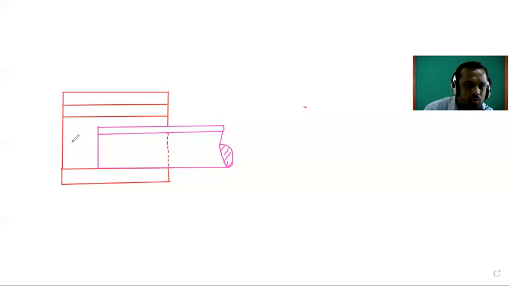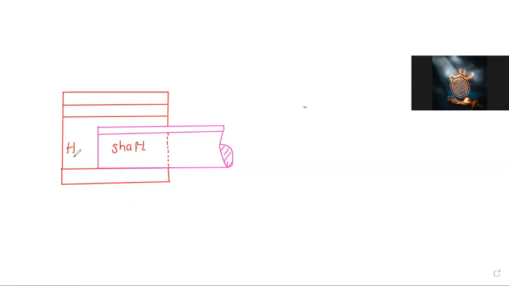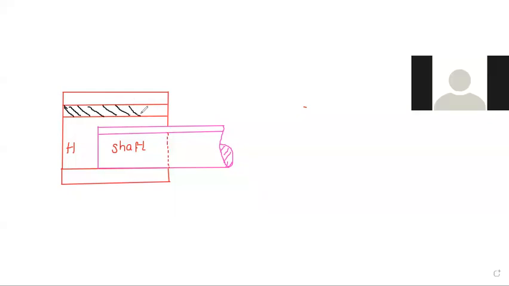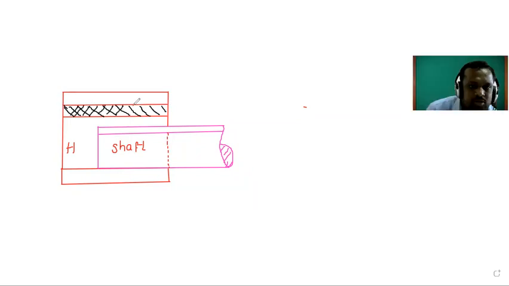Now see here, this will be the hole. And this is the shaft. This is the hole. Now see here, what is this? This is the tolerance zone for the hole.